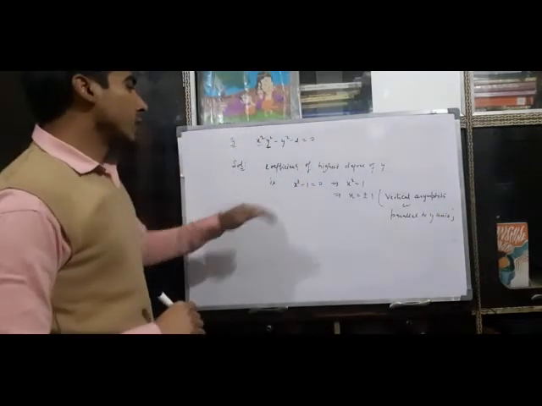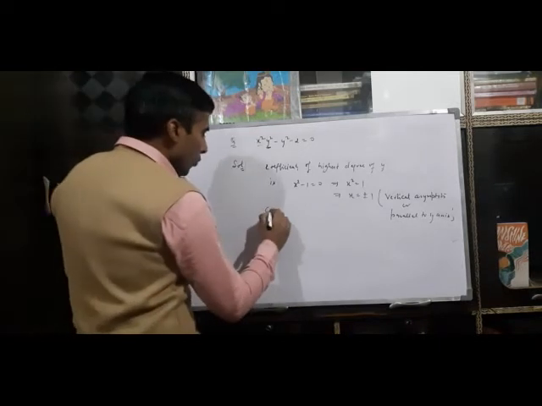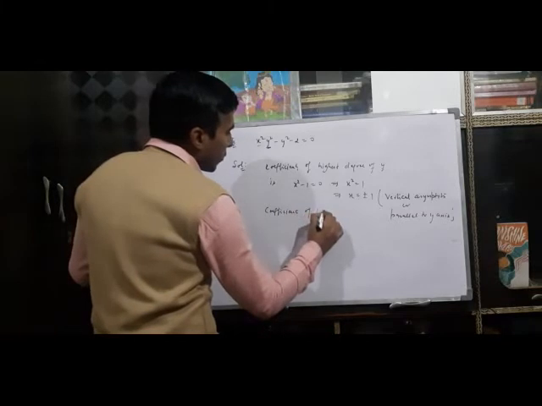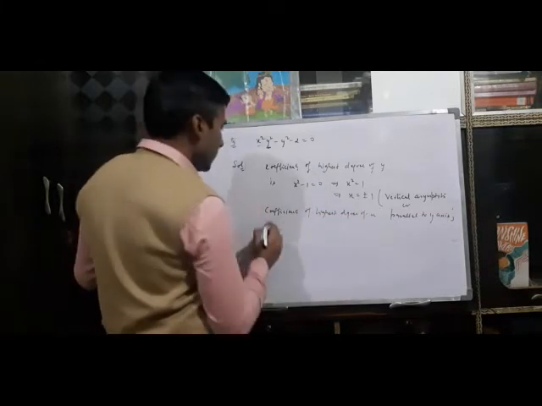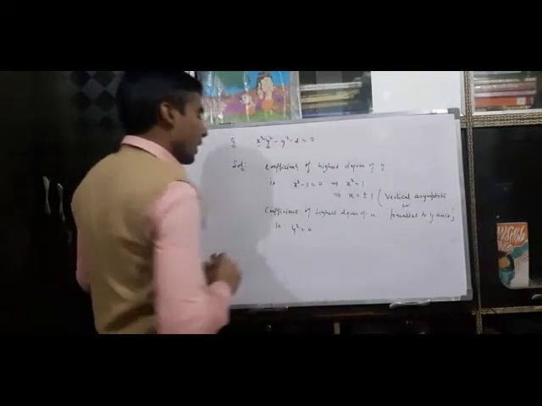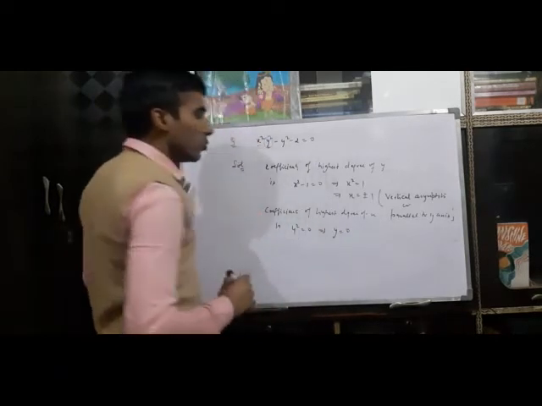Now to determine the horizontal asymptotes, the coefficient of the highest degree of x is y square, and y square is equal to 0, and that gives y equal to 0.